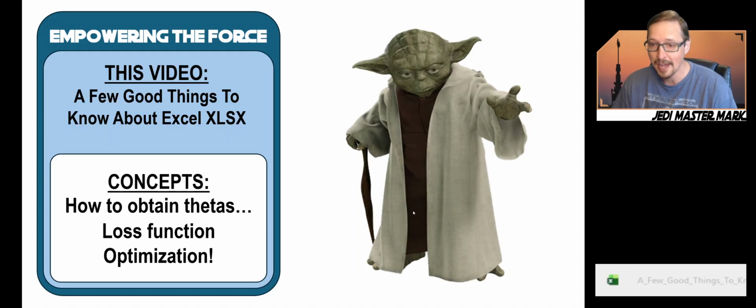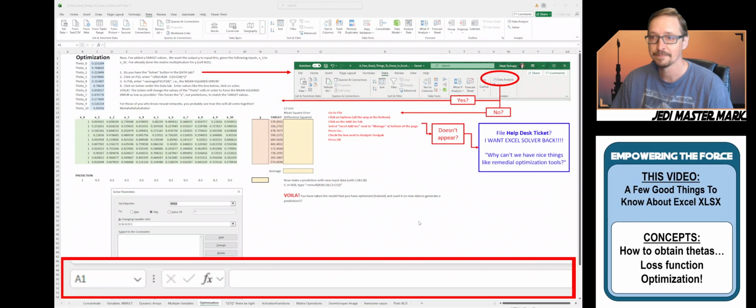So I'm going to go back to our Excel file. A few good things to know about Excel: there is a tab for optimization within that. Okay, here we go. There's a lot on here. Off to the upper right-hand corner are instructions for how you find Excel Solver, which I'll show.